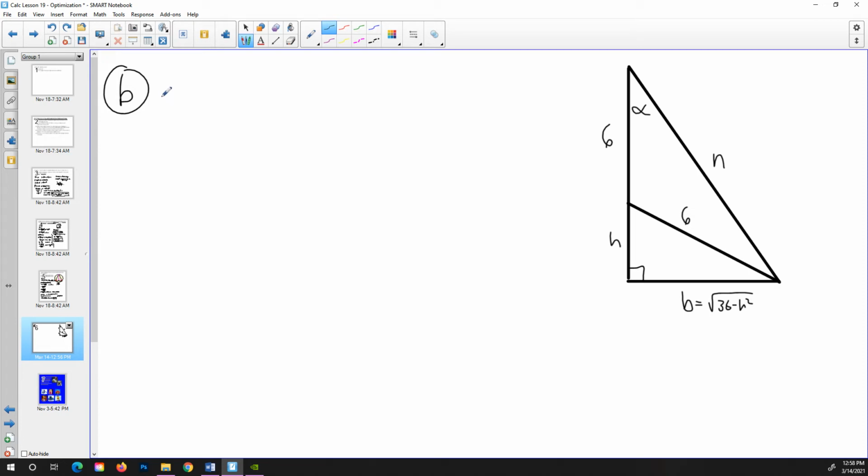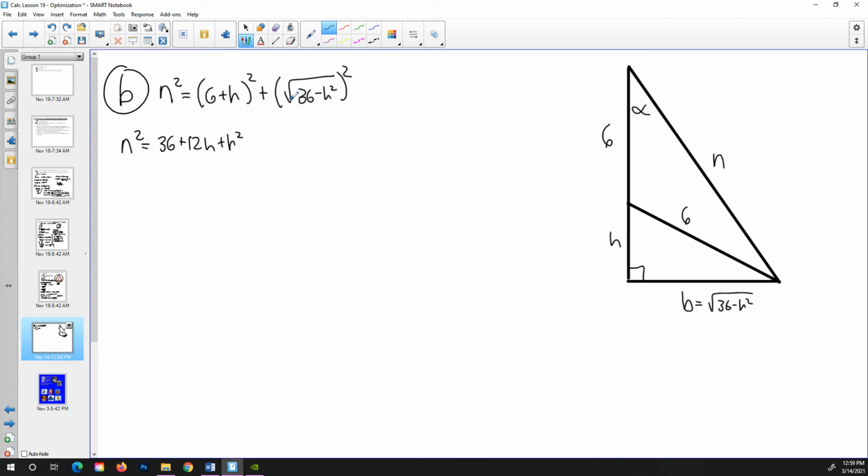So let's write that out. Let's say that n squared will be equal to 6 plus h quantity squared plus the square root of 36 minus h squared quantity squared. All right, so I've got n squared. I've got to multiply this out. It'll be 36 plus 12h plus h squared.